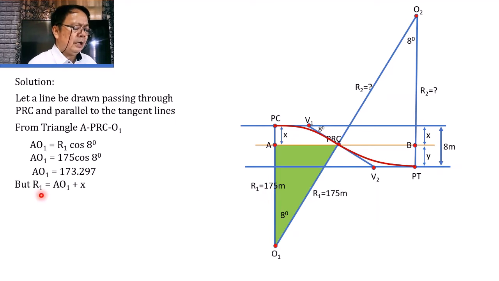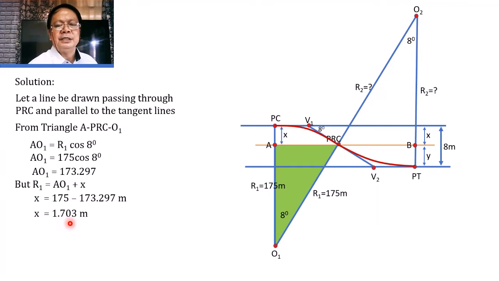And so from here, we can solve for the value of X because R sub 1 is equal to A O sub 1 plus the value of X. So X will be equal to 175, representing our R sub 1, minus 173.297, hence X will be equal to 1.703 meters.